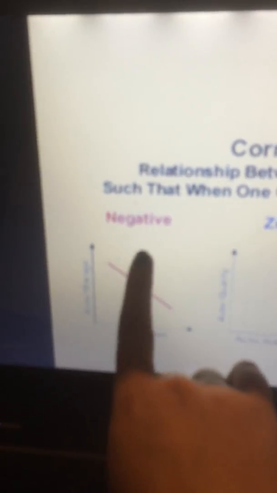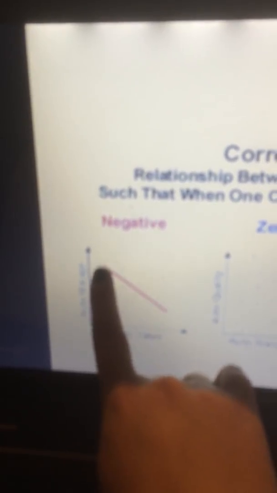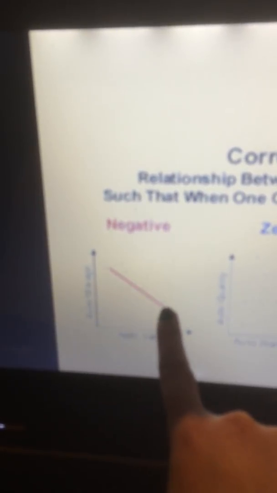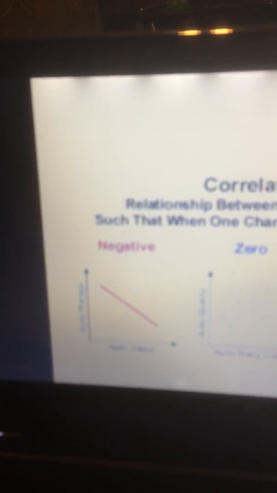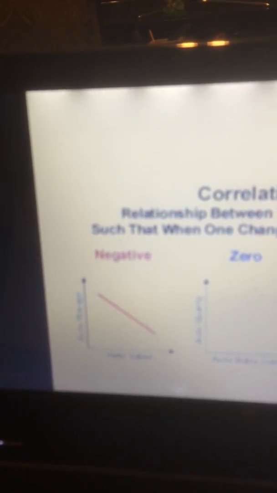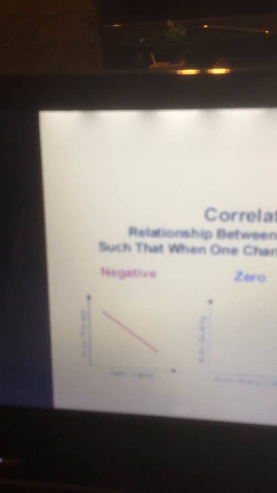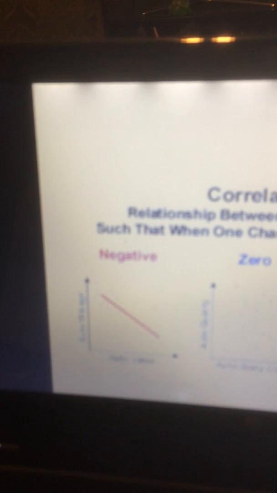So let's say you have high auto mileage, you have lower auto value. The greater the auto value, the lower the mileage. Very important, you guys. The greater the mileage that is on the car when you try to sell it, the less likely you are to be able to sell it.